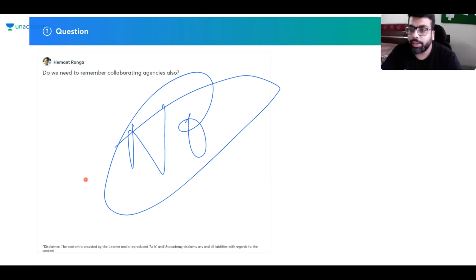No, you don't need to know collaborating agencies at all. Ministry is important. Talking about international reports, Suraj, you don't need to know. I'll talk about Niti Aayog's indices. Shubham, I'll give you the slides. They're available. Don't worry.